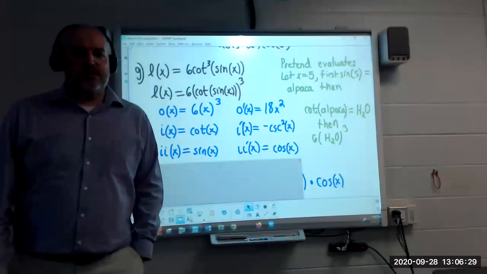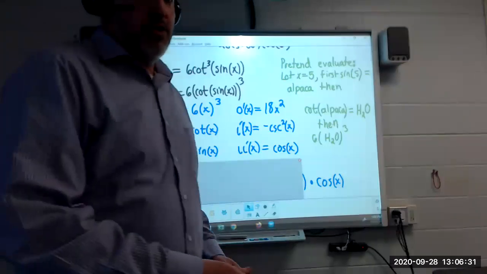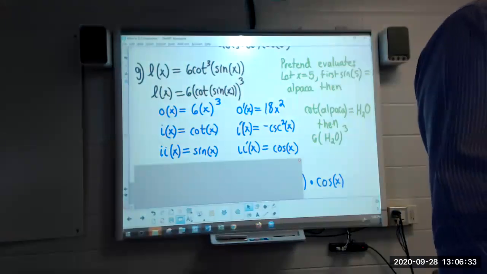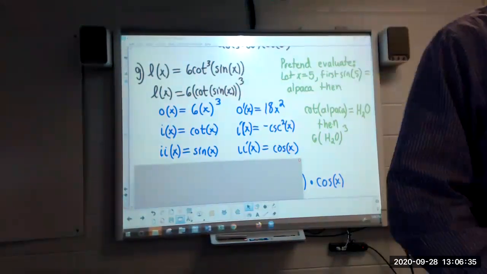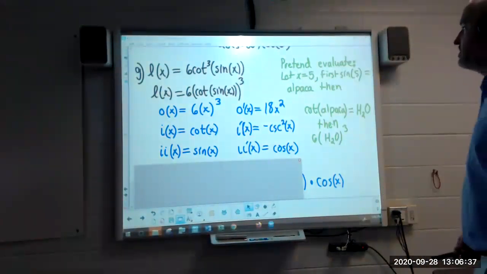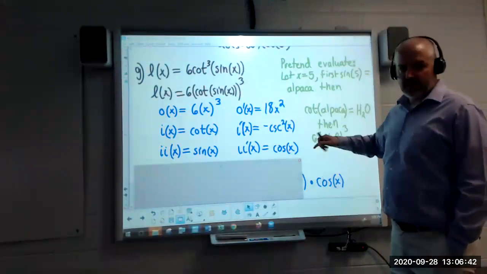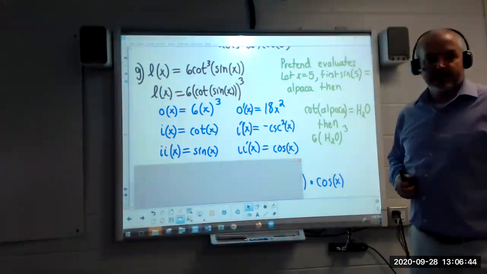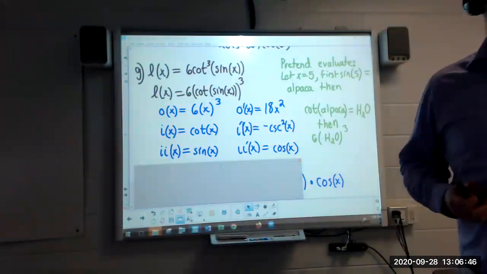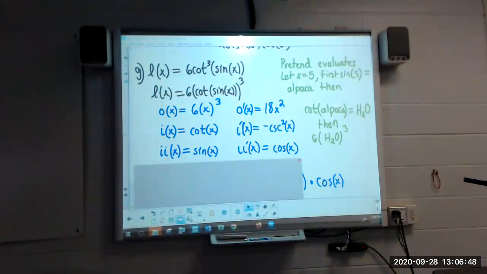And honestly, the names of all this stuff is completely irrelevant. It doesn't matter what the name is. The concept, though, is significant. The concept is I have 3 levels. That means I have 3 functions I need the derivative of. That's the big takeaway for this one.